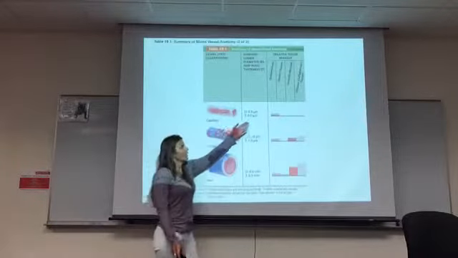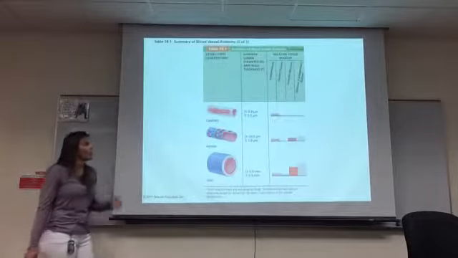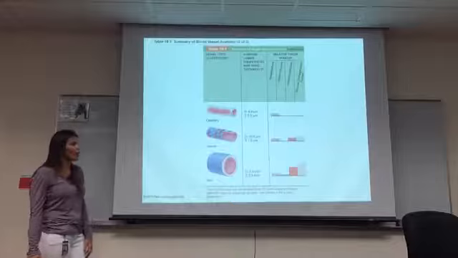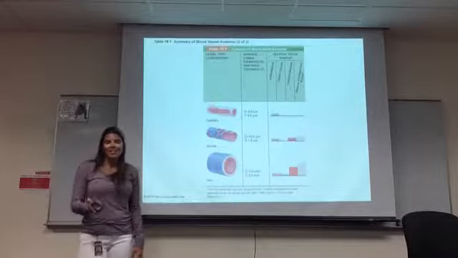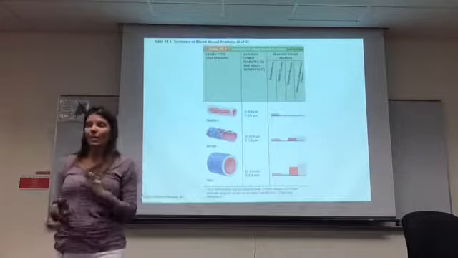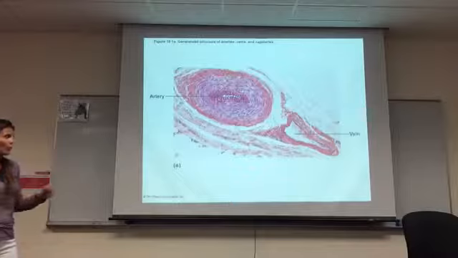So you can see again the distribution of the types of tissues for each division of veins. So these are all veins carrying blood towards the heart. It doesn't necessarily have to be oxygenated. The only distinction between arteries and veins is the direction they carry blood. We can't just go with red and blue.